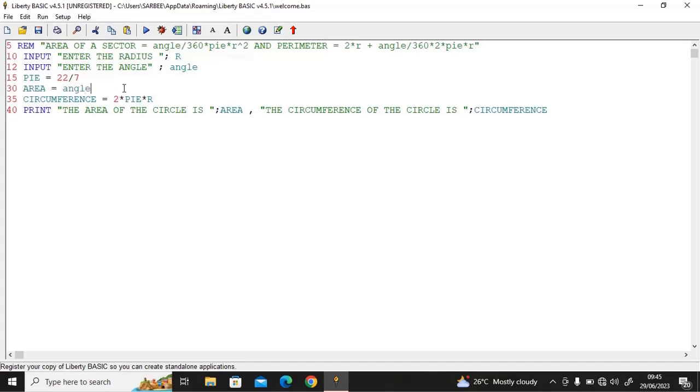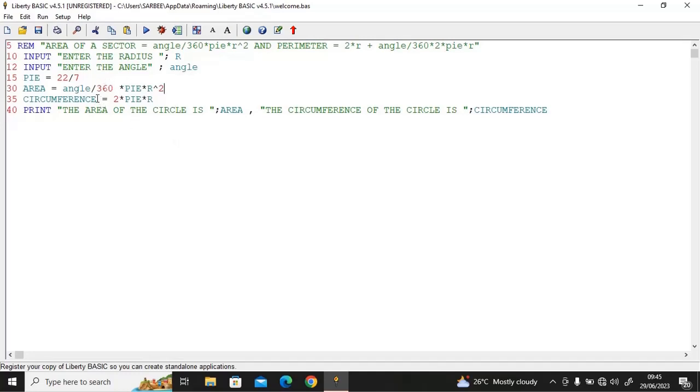The angle over 360 times pi times r raised to power 2. This is the area of a circle, this is my bad. Okay, now let's go. So this is the area of a sector.